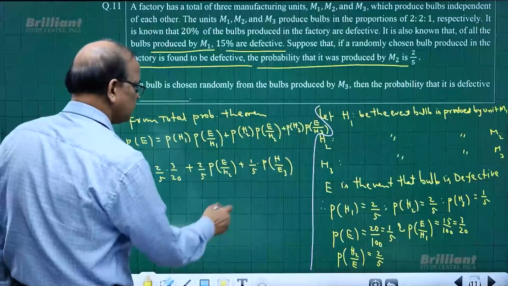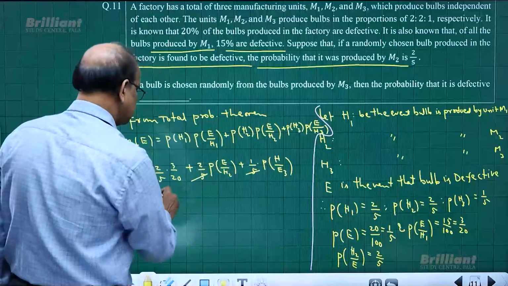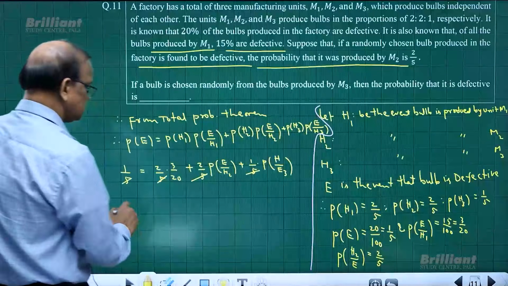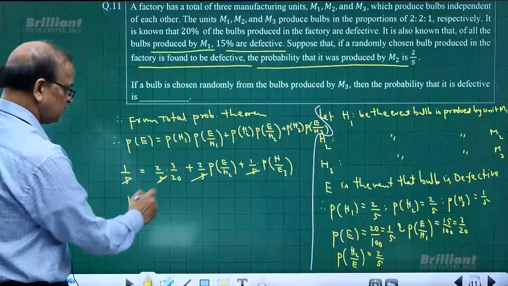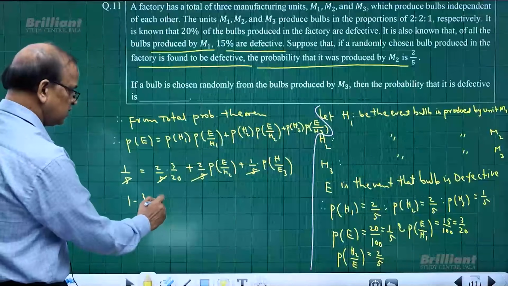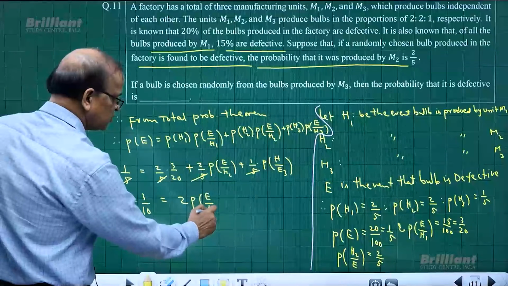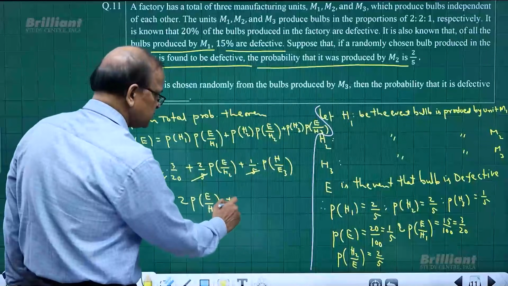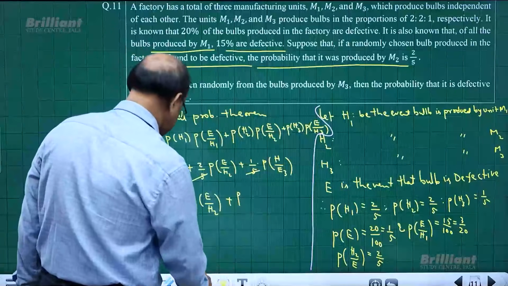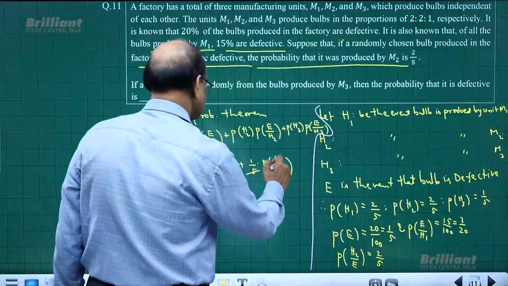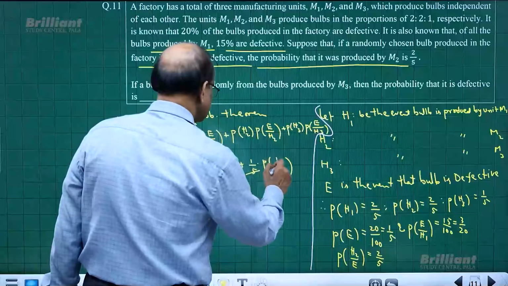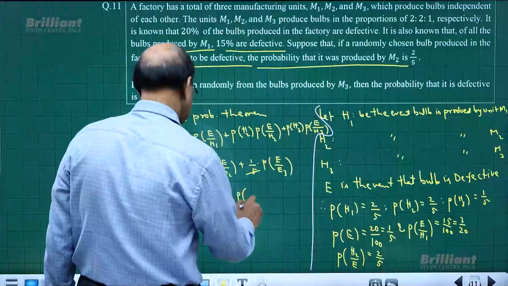So 5 cancel 1, so 1 minus 3 by 10 is equal to 2 times probability of E by H2 plus probability of E by H3.